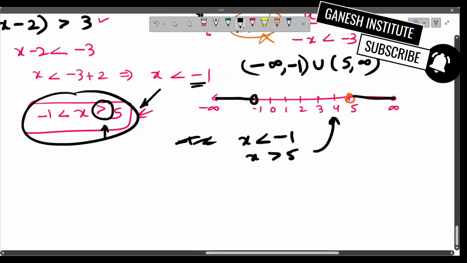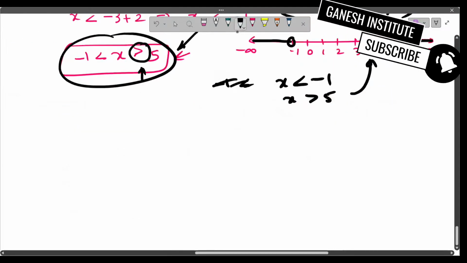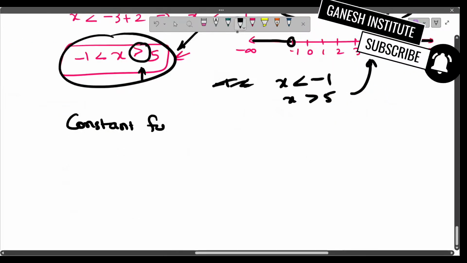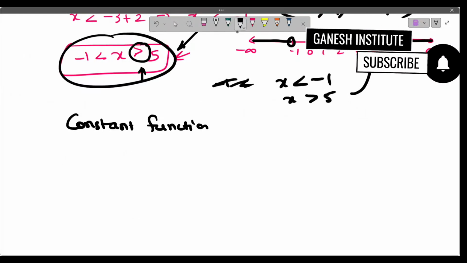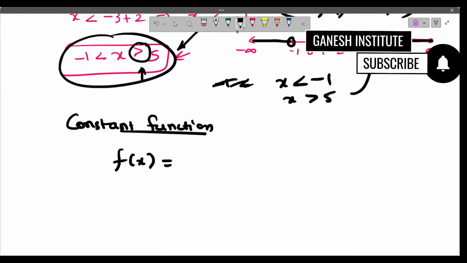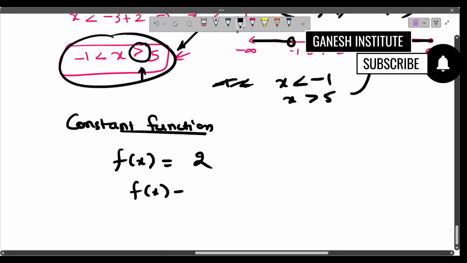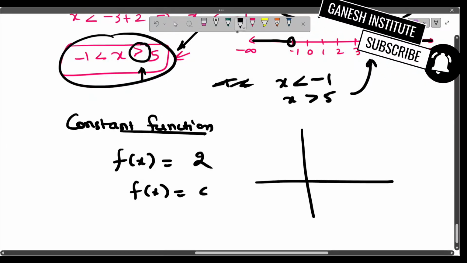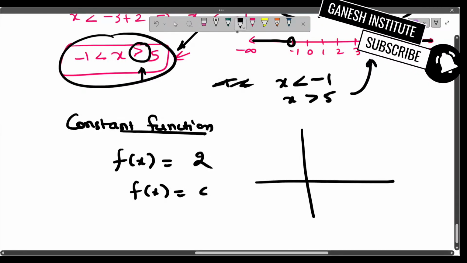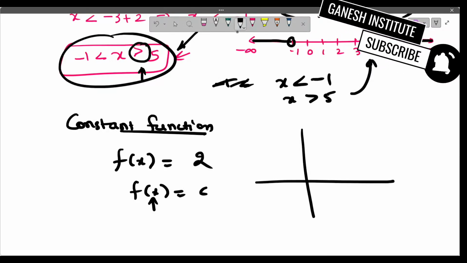Okay. Now comes the constant function. Constant means, as you know, I have f(x), but it is always fixed. For example, f(x) is some constant. So even if you are changing the values of x, 0, 1, 2, 3, you are getting a constant y.